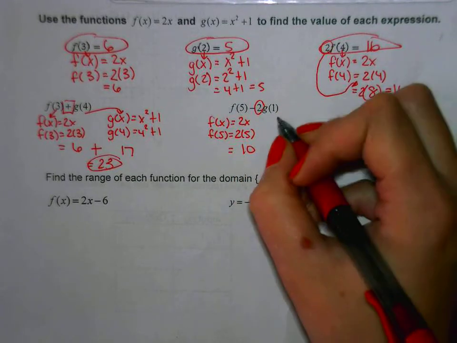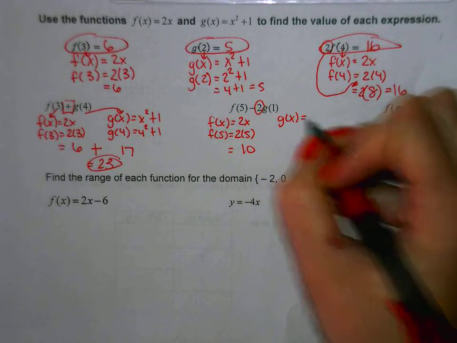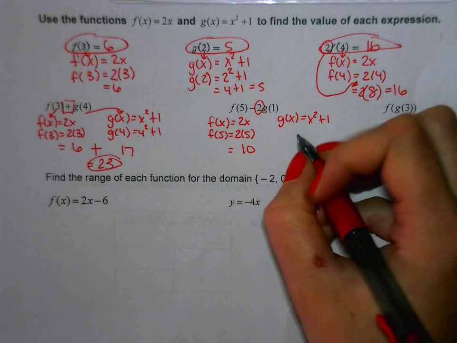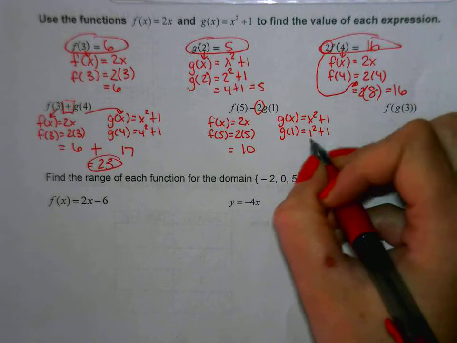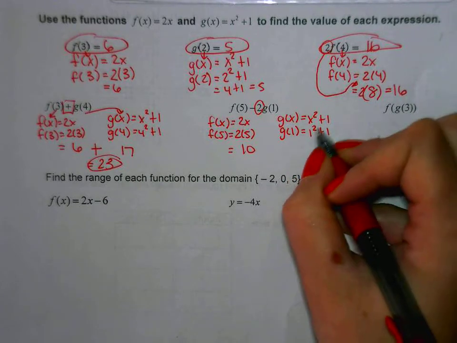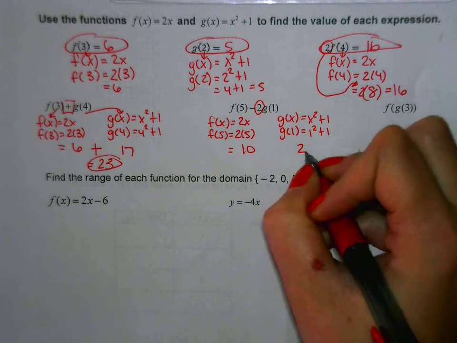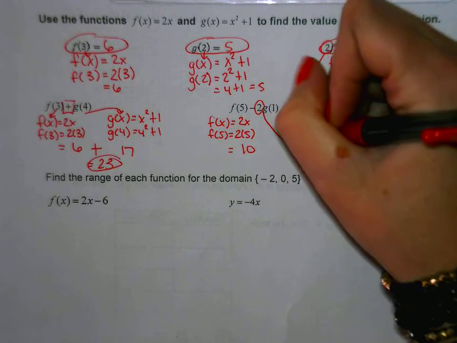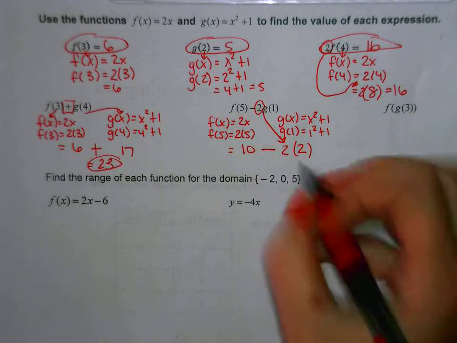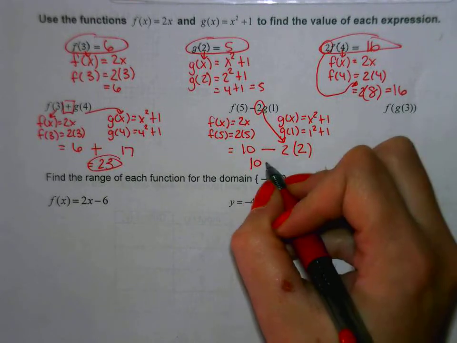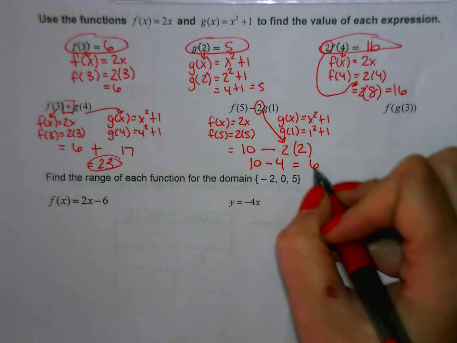If we plug in our 1, 1 squared plus 1, and 1 squared is 1, so 1 plus 1 is 2, but don't forget, multiply by 2, and we're subtracting, so 2 times 2 is 4, so our final answer is 6.